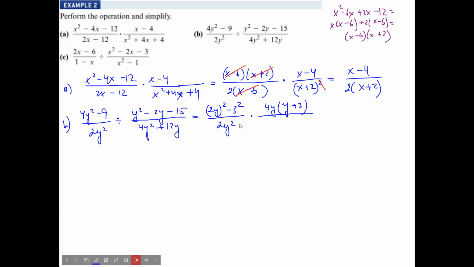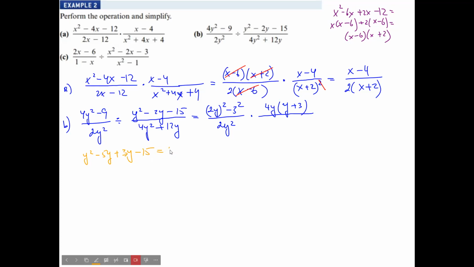Yes? Now, in this case, 15 is not a perfect square. So if I work it on the side, 5 times 3 will do, right? Minus 5 plus 3. So y squared minus 5y plus 3y minus 15.